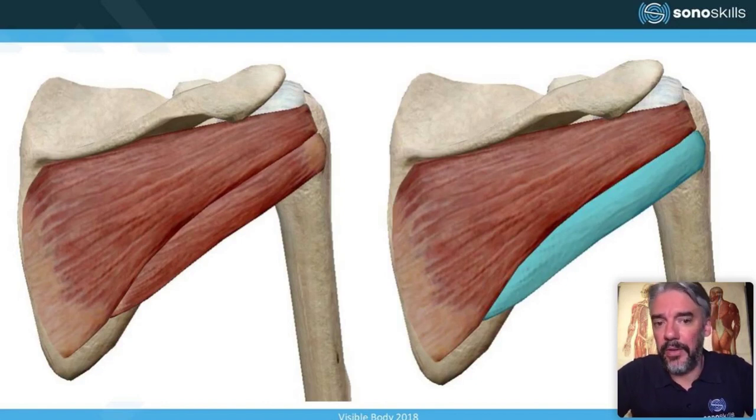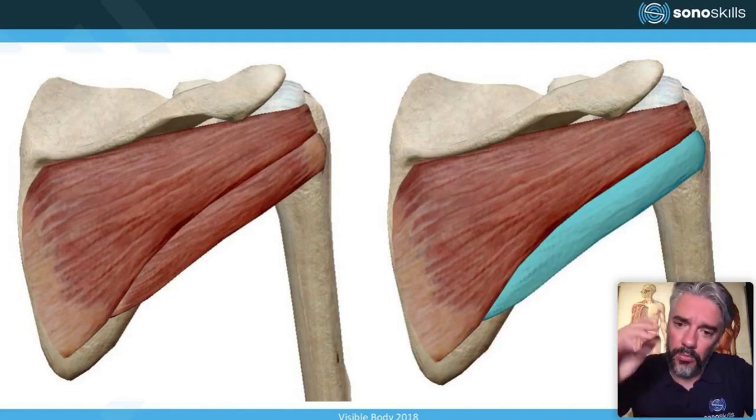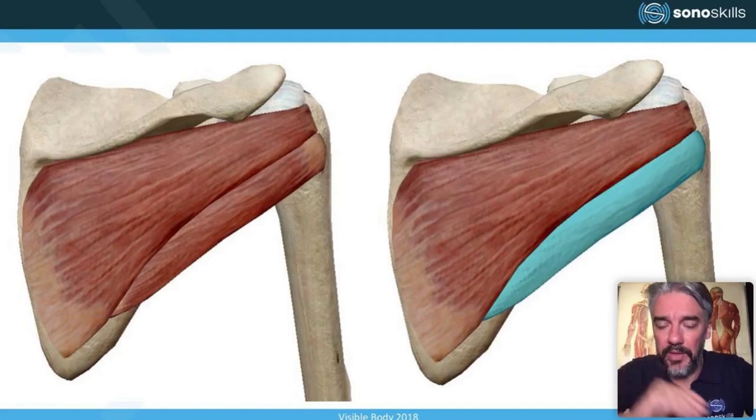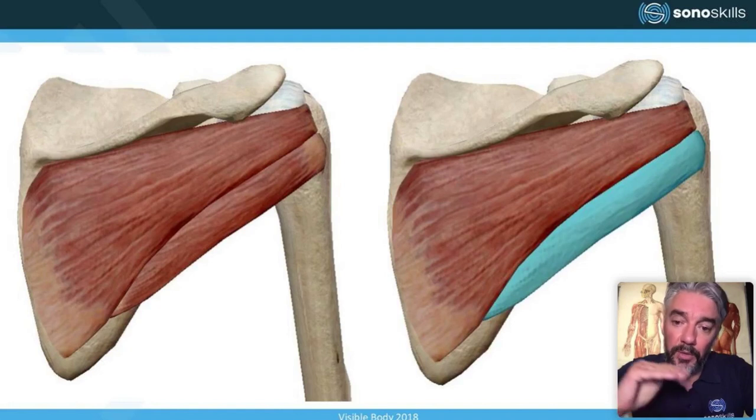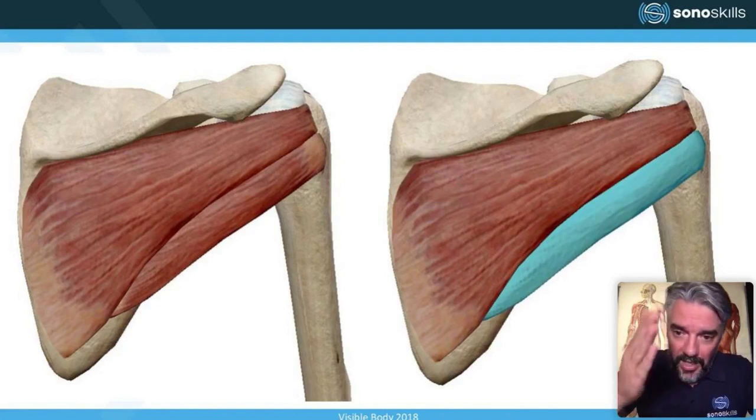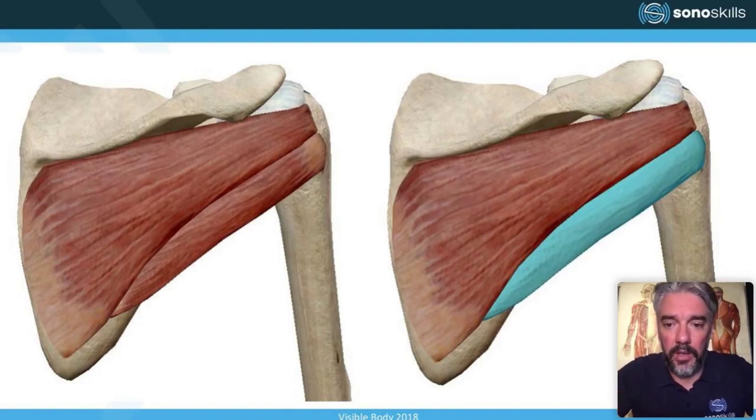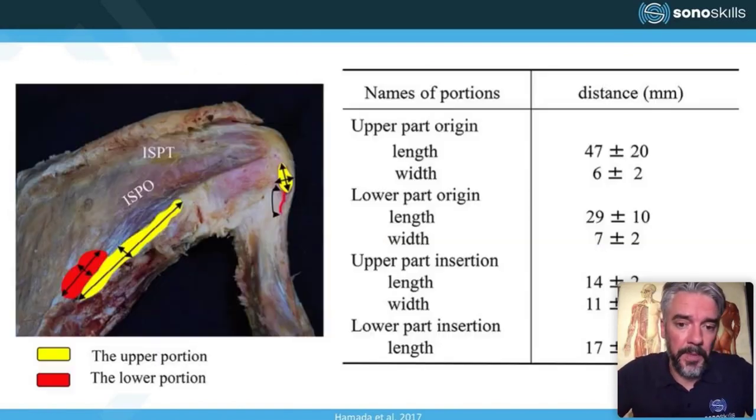The infraspinatus originates from the medial margin of the scapula, going roughly to the middle facet of the greater tubercle, but we also saw last time slightly the superior facet. And we've got the teres minor starting at the infraspinous fossa and also the lateral margin and going to the inferior facet of the greater tubercle.